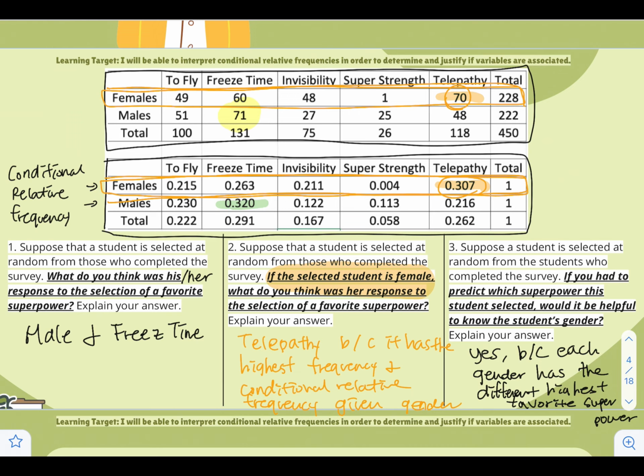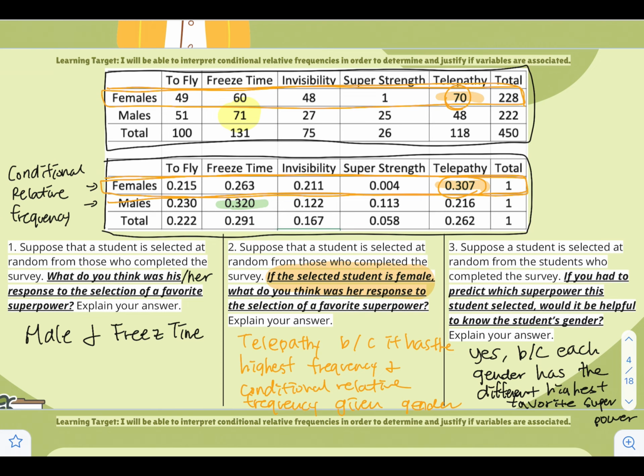That means the gender and the favorite superpower have some sort of association, some sort of relationship that we can explain here. As I just mentioned, if we know the gender of the student, it's easier for me to predict something else, like what would be the favorite superpower, and vice versa too.